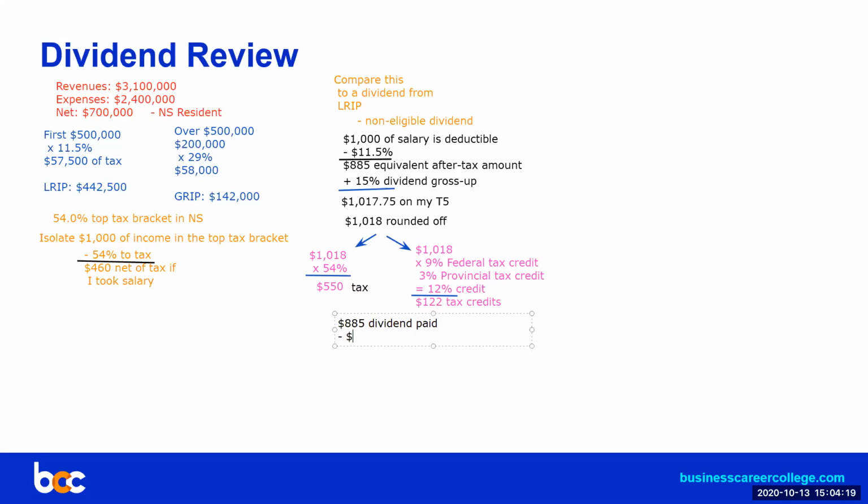And then we have to pay $550 of tax. And then you're going to get a tax credit of $122. Right. So this is paid to the shareholder, right? So that's when we talk about getting a dividend, Sean, this is it. This is what we're looking at. Okay. So now I've got $122 of credits. So I just sum all those amounts up.